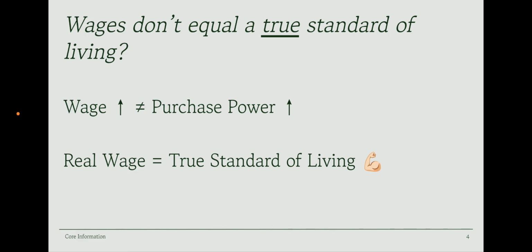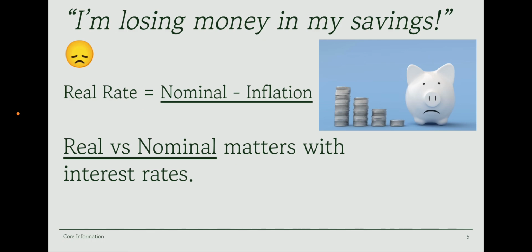The importance of doing that is because real wages truly measure how well people are actually living, and not just what they are earning on a sticker price. Another important thing that a lot of people may deal with is that they believe they are losing money in their savings. Many people believe that their savings are shrinking even when the number in the bank stays the same or even increases.